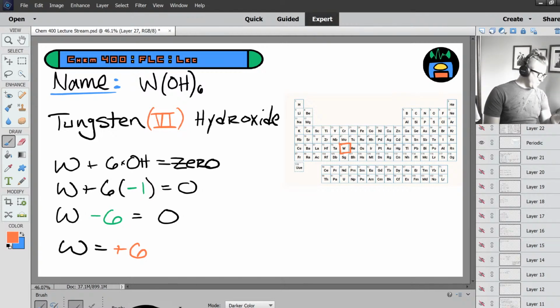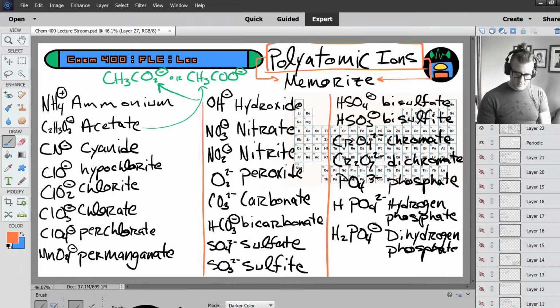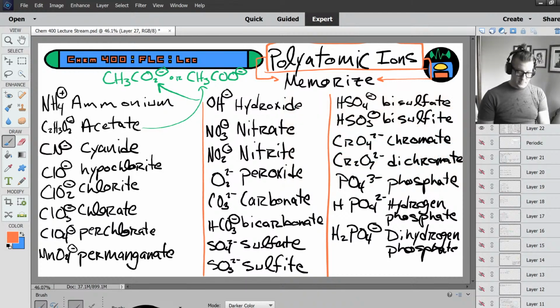All right. Now, before we go, I just remembered that there's 1 polyatomic ion I forgot to mention, which is bad because this is a polyatomic ion that you will absolutely get tested on.